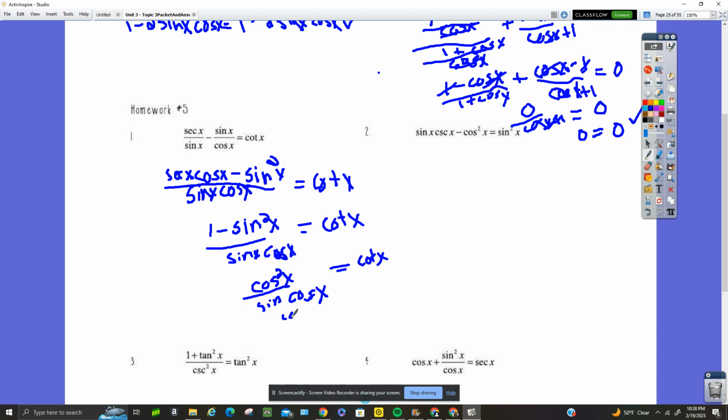So you have cosine over sine x equals cotangent. Cotangent is equal to cotangent.